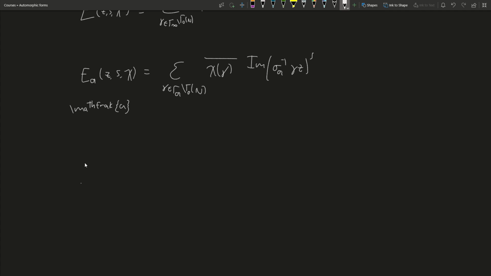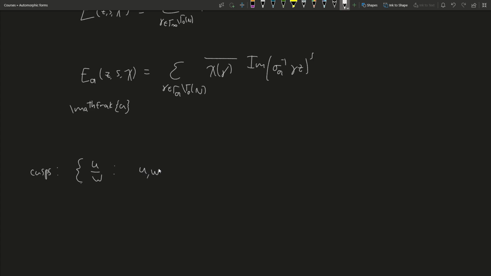So remember that the cusps are given by, well, you can take a couple of different representatives, but the cusps that we wrote down were u over w. I'm not sure if this is exact, but I think this is what I wrote down last time.